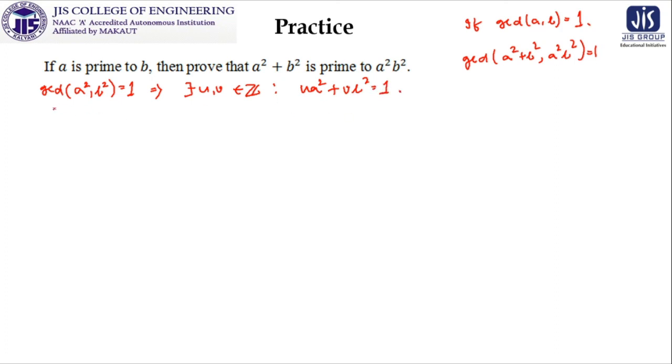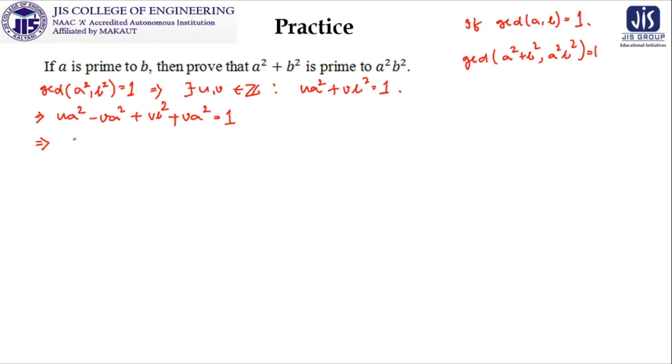Now adjustment will be started. U a square minus v a square plus v b square plus v a square to adjust is equal to 1, because I am taking v a square extra and I am subtracting v a square from this.